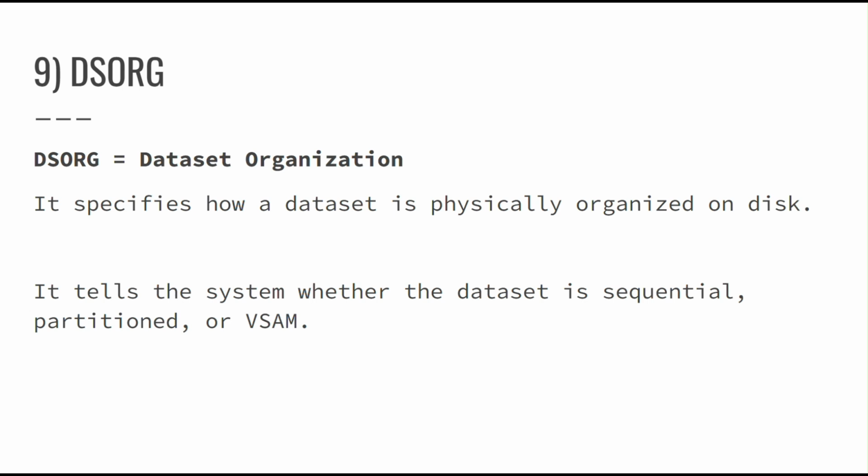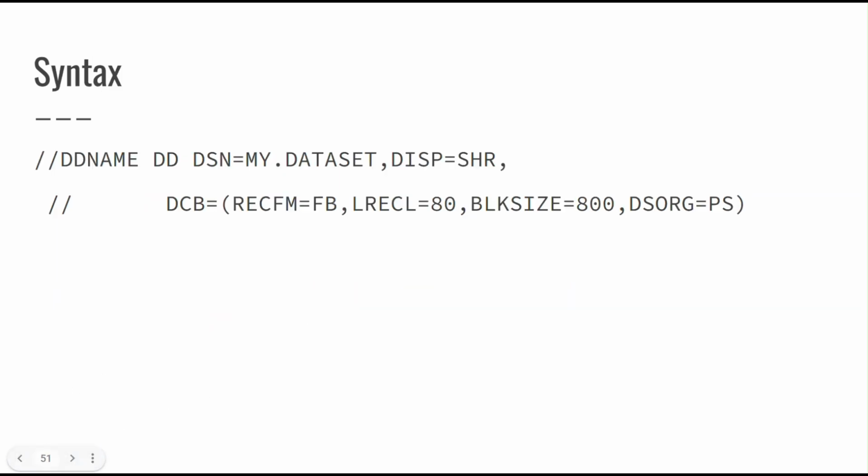It tells the system whether the dataset is sequential, partitioned, or VSAM. The syntax, the others are the same. Here we need to add DSORG, which means dataset organization, as PS. PS means sequential.